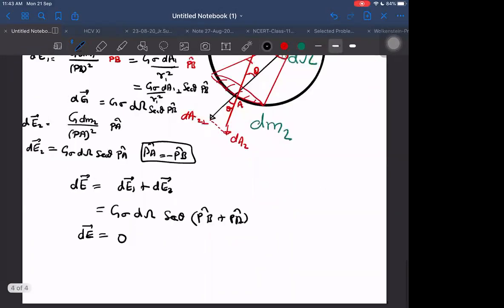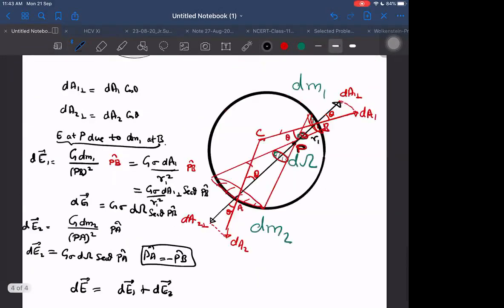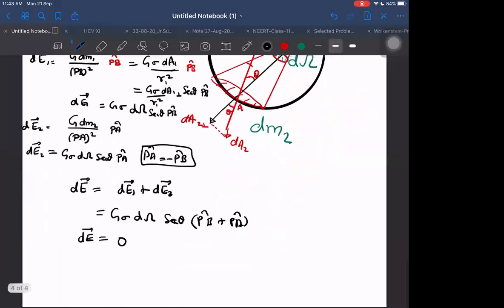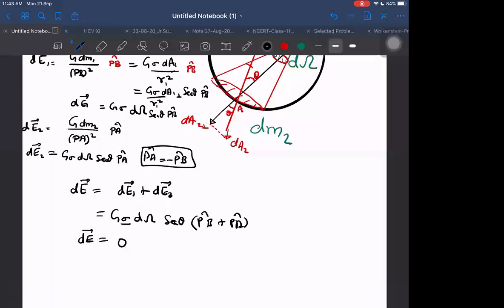So what we are getting is the idea that at the center of any hollow uniform shell, uniformity should be there. We use the condition of uniformity: sigma is the same. If sigma 1 and sigma 2 differ, then definitely this will not cancel. As long as sigma 1 and sigma 2 are the same, only then can we do this.